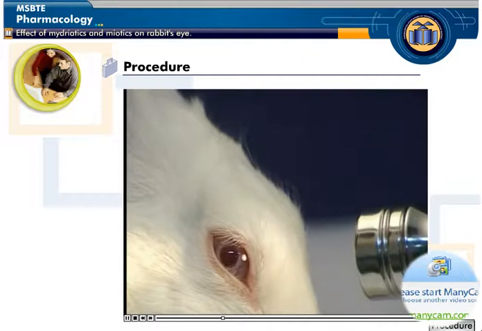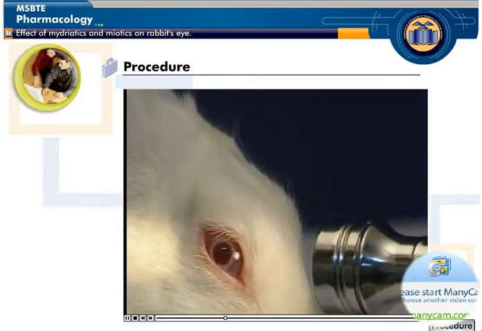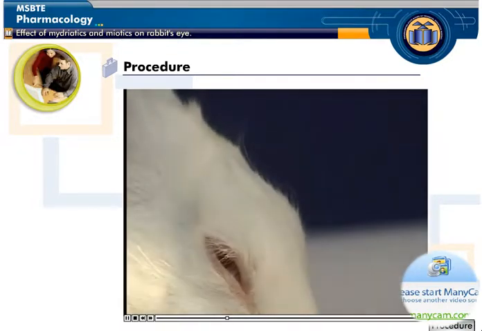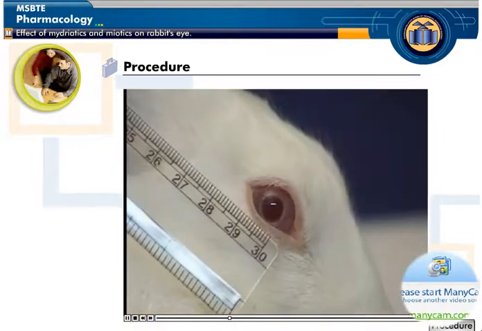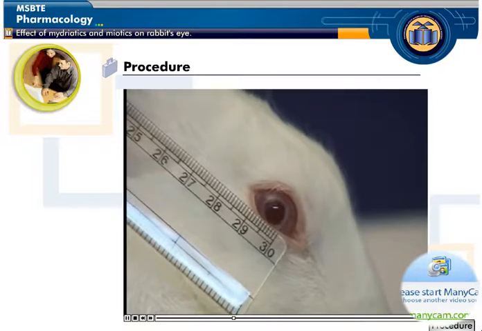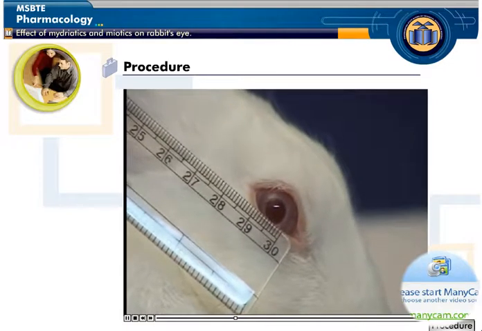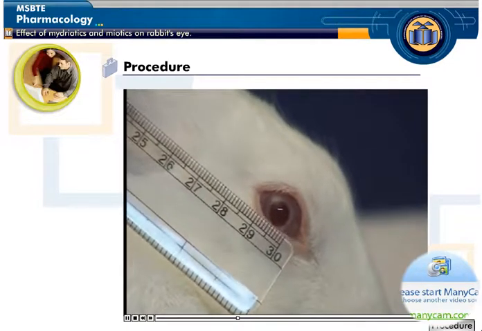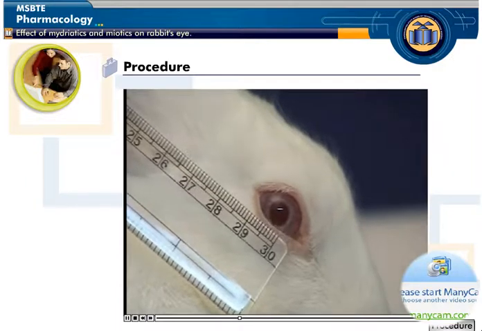It means the light reflex is present too. Measure the size of the pupil with a scale. Repeat the same observations in the left eye of the rabbit.